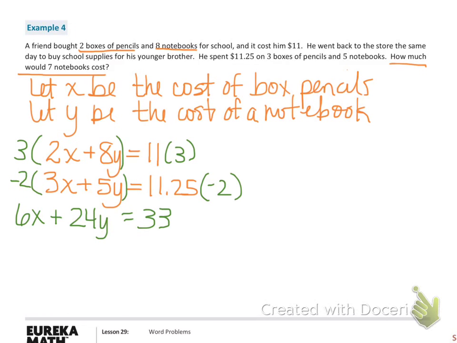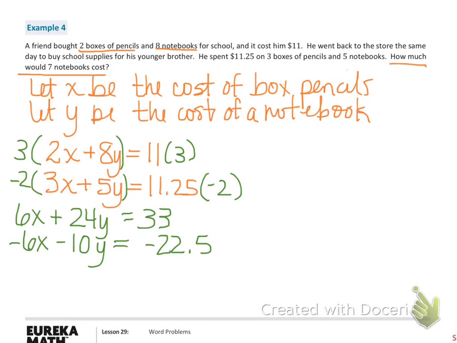This gives me -6x minus 10y is equal to -2 times that, which would be -22.5.